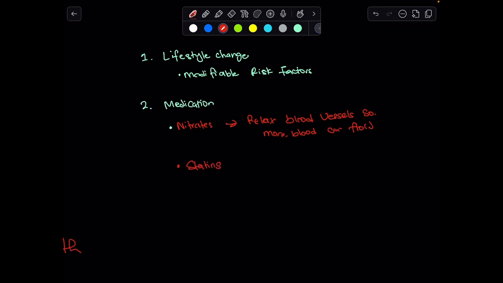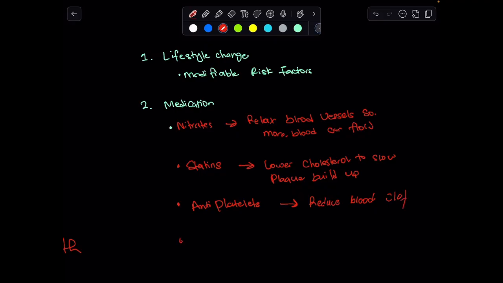So remember we said cholesterol plays a major role in the plaque formation. So lower cholesterol to slow plaque buildup. We also need antiplatelets. Why antiplatelets? Because blood clots. What do blood clots play a role in? Heart attack. Why? Because it blocks the entire artery. So we want to reduce blood clots, and we don't want a heart attack, right?